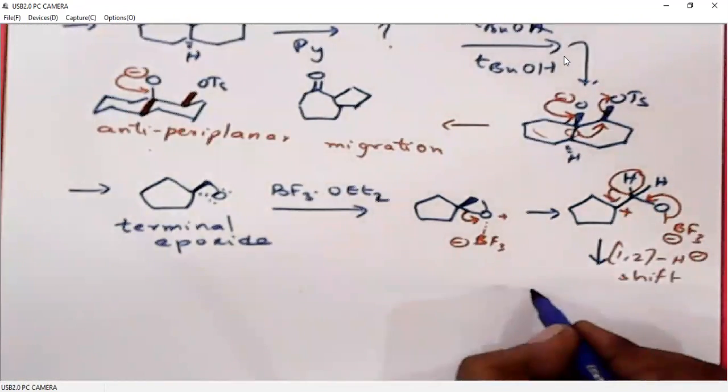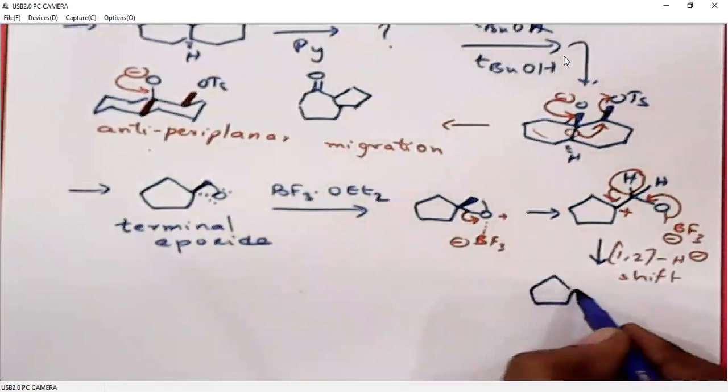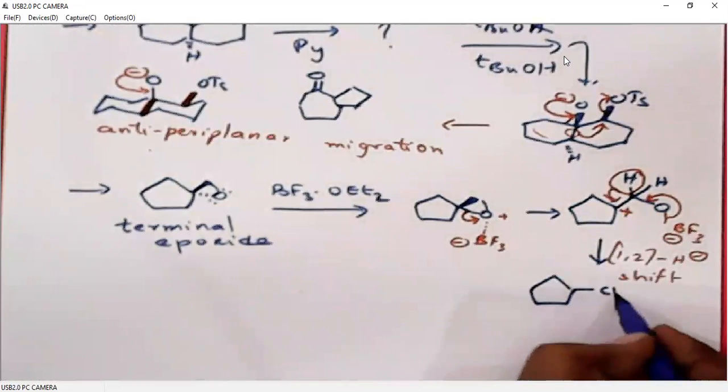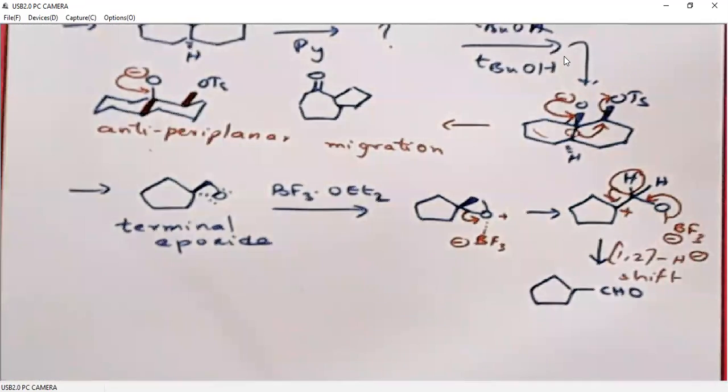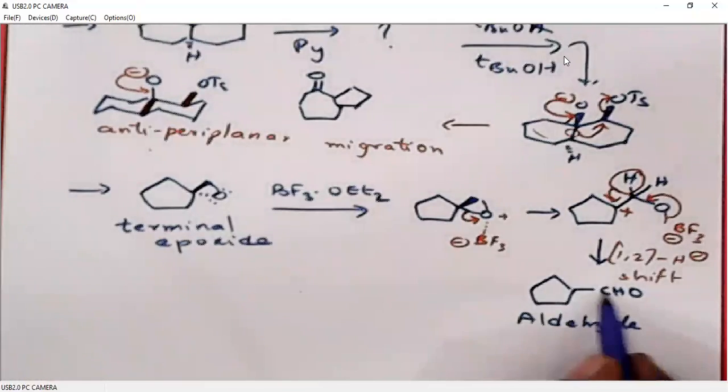So what are we getting? We are getting a terminal aldehyde. So generally with the terminal epoxides, the product is aldehyde.